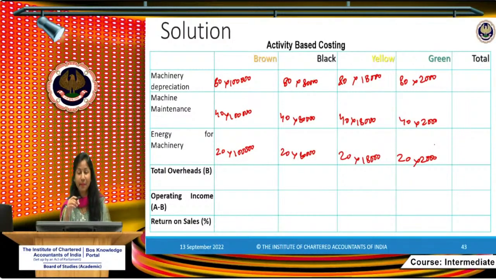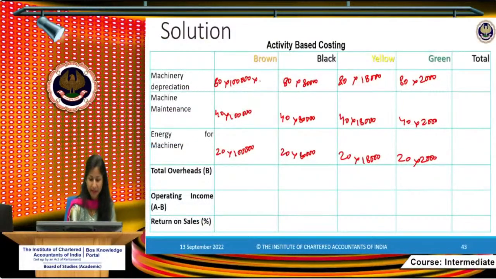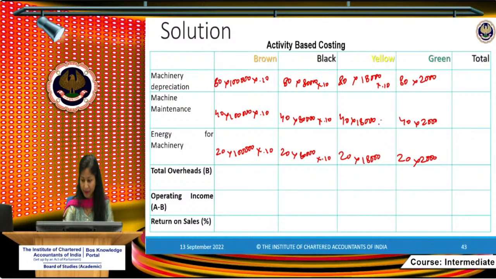Machine hours per unit, because here we have multiplied with the number of units. But what time are they taking per unit? 0.1 each. So you need to multiply them by 0.10. Every figure would be multiplied by 0.10 because they all are taking 0.10 time.